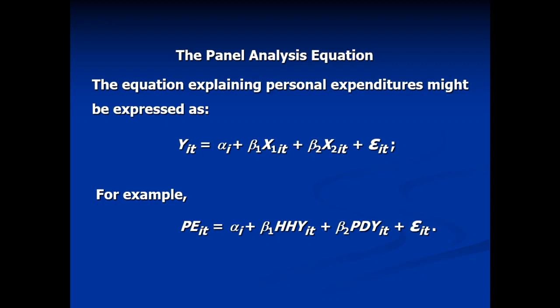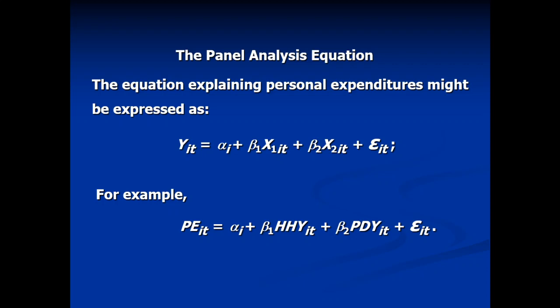All the subscripts are written in terms of i and t, the case and the time. Y_it means personal expenditure of the ith person at time t. It can be y11, y12, y13 etc., then y21, y22, y23 etc. And similarly the household income is also for the individual and time. The personal disposable income is also for the individual and time.